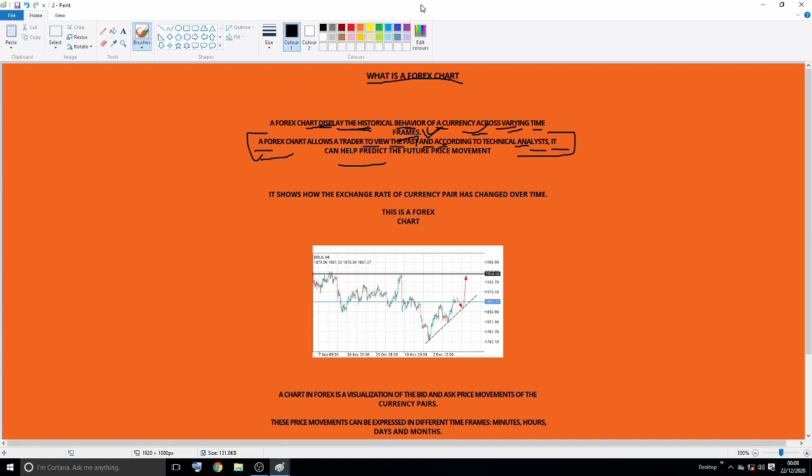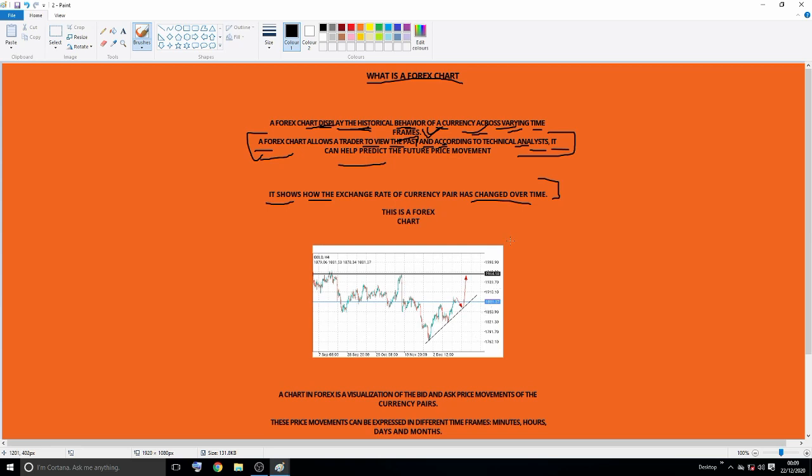So the forex chart allows you to view the past, and according to technical analysis, it can help you predict what the price will do in future. By looking at the previous price movement, we can try and predict what can happen in the future. The forex chart shows how the exchange rate of a currency pair has changed over time.